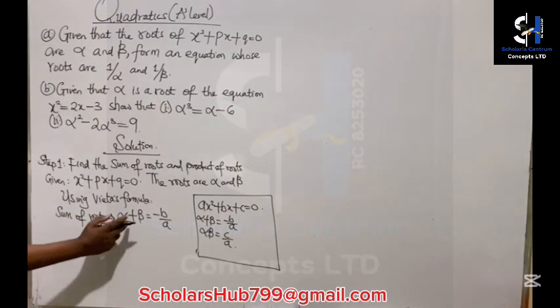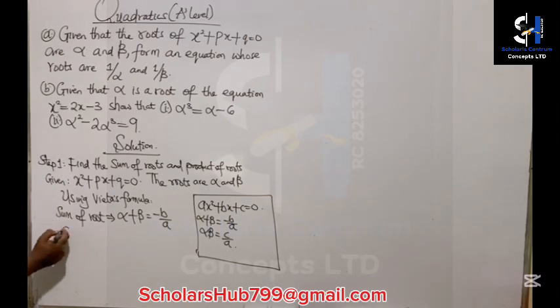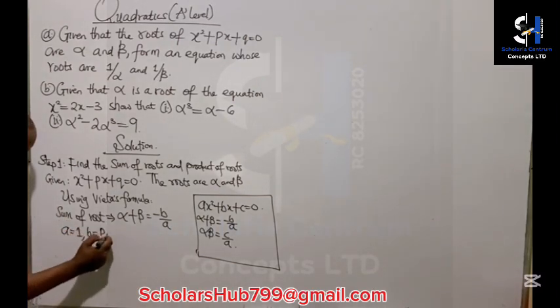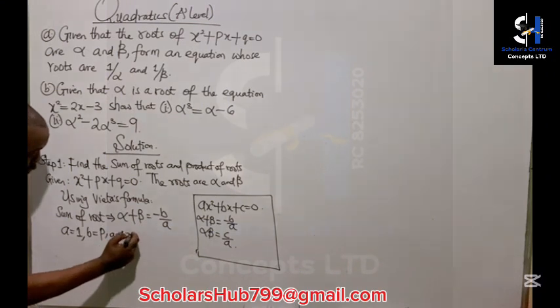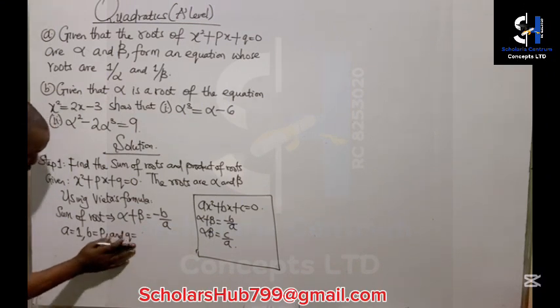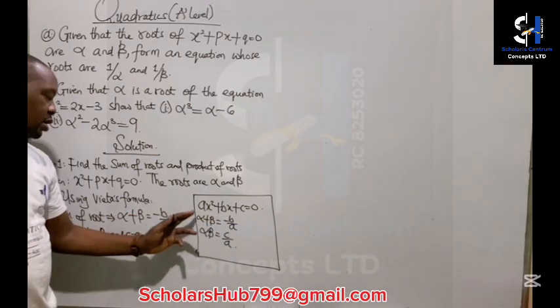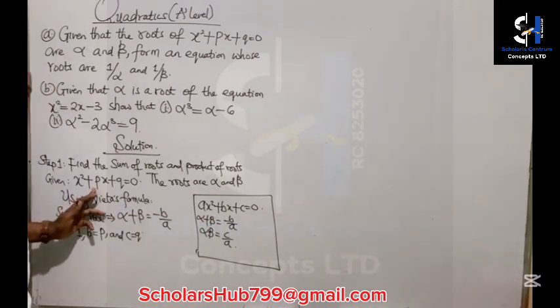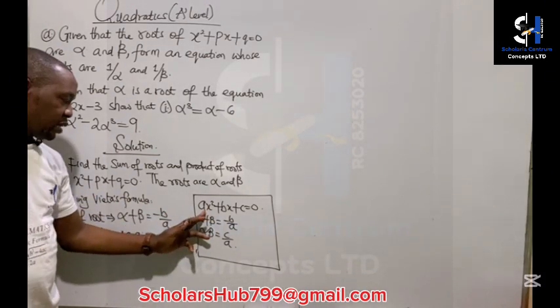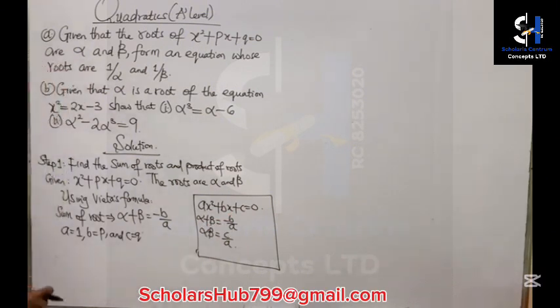In this case, a will be equal to 1, b will be equal to p, and c will be equal to q. That is when we compare this equation with ax squared plus bx plus c equals 0.